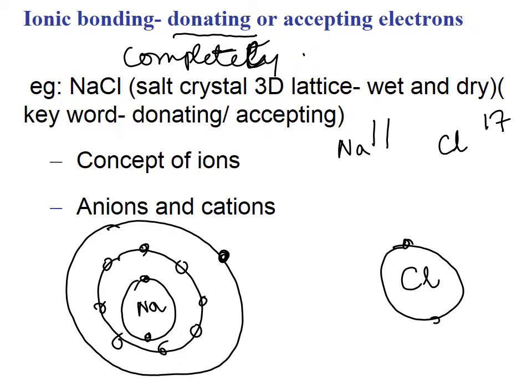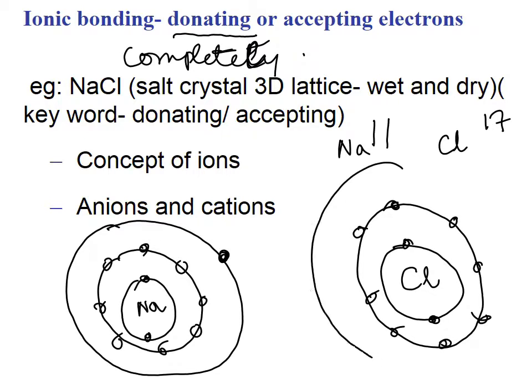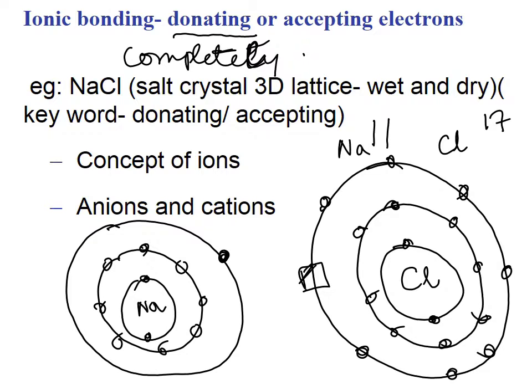So 1, 2 in the first orbital, second, 3, 4, 5, 6, 7, 8, 9, 10. And the third orbital, 11, 12, 13, 14, 15, 16, 17. That leaves one space.